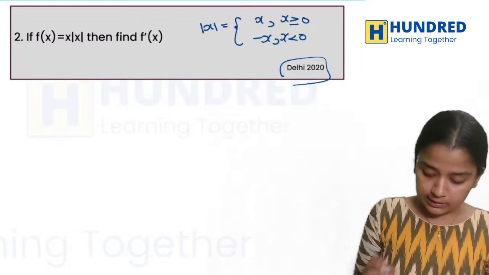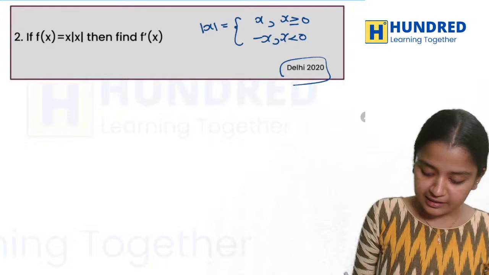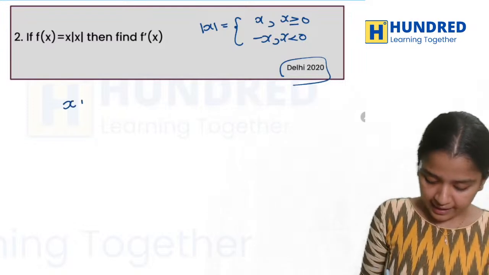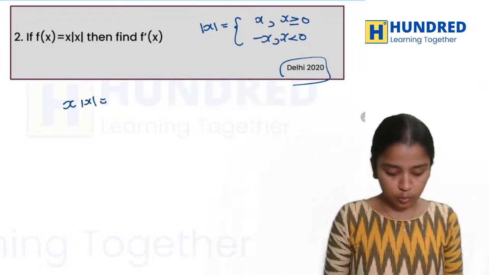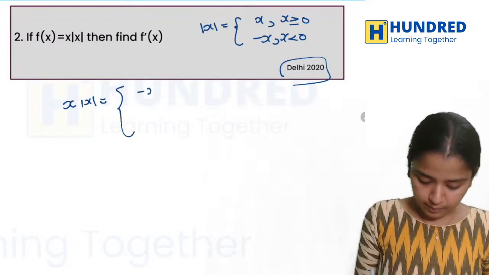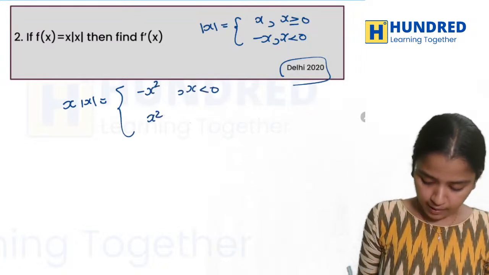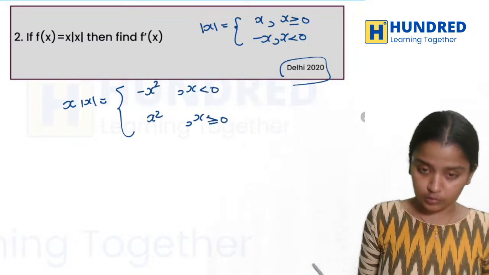Now I'm just multiplying by an x. So if I'm having x mod x, what can I do? I can put it as minus x square if x is less than 0, and x square if x is greater than or equal to 0.